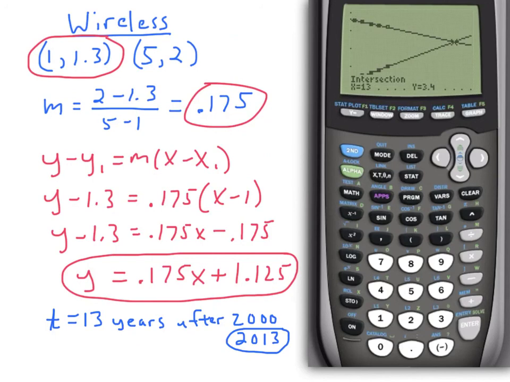And the y value is 3.4. And that's telling us that there were 3.4 billion calls, both for landline and wireless. So they were both the same in 2013. So both of them would have had 3.4 billion calls.